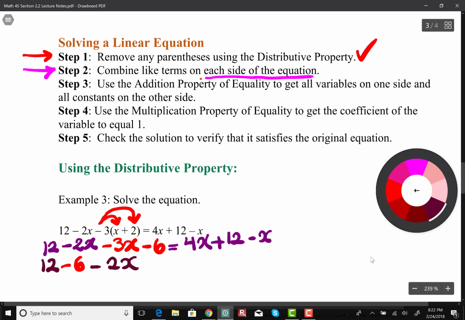And then -3x. So I use the same color kind of.